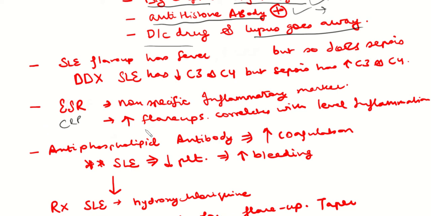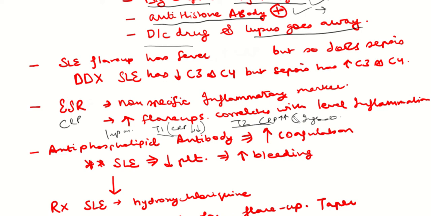But if there's no other source of inflammation, if I have a patient at time T1 and at time T2, and the CRP at T2 is elevated and the patient's got lupus, and everything else being the same, this will tell me that there's a higher level of inflammation versus if the CRP at T1 is low, which means low level of inflammation. So a patient at T1 is better controlled than at T2. So I can use this to see if they're having a flare-up. How bad is the inflammation in the flare-up? How's the disease activity?